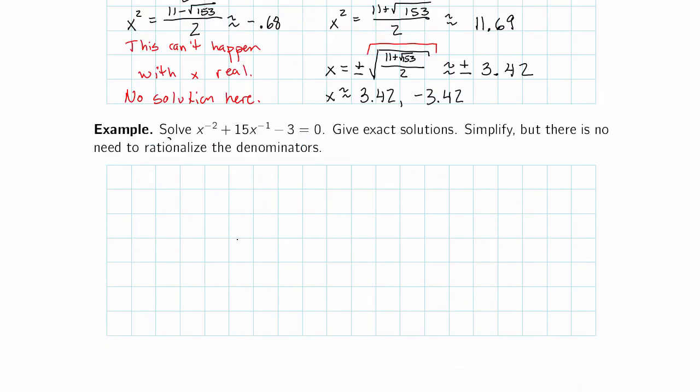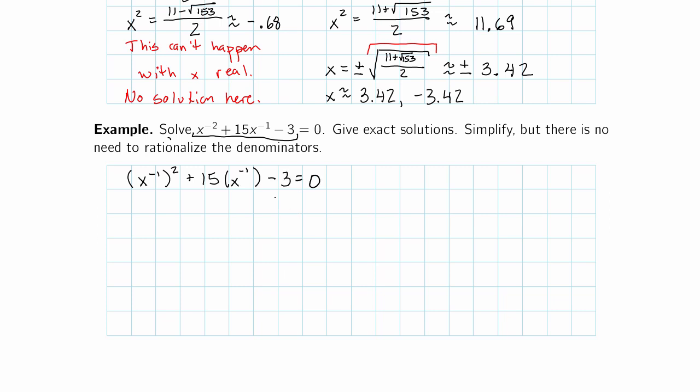Here we have a quadratic in x to the negative 1. We have x to the negative 1 squared plus 15 x to the negative 1 minus 3 equals 0.